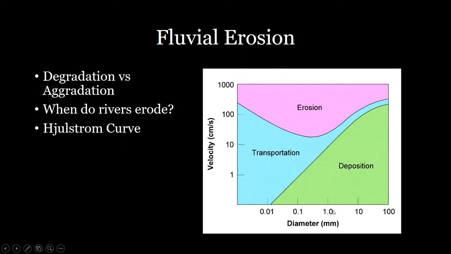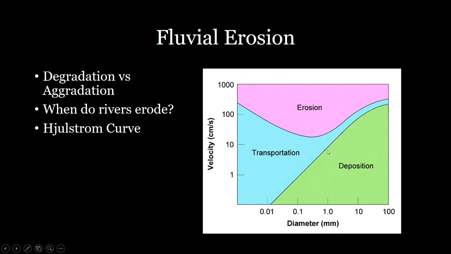For example, if you had a 1 millimeter sized grain, it would be deposited in a river if the velocity was less than 10 centimeters per second.